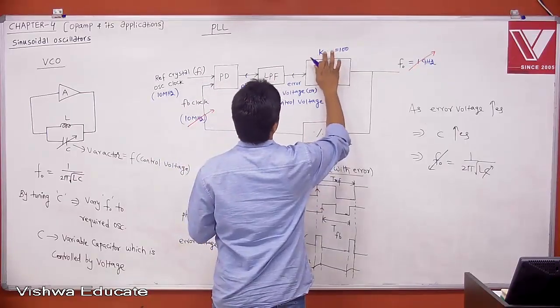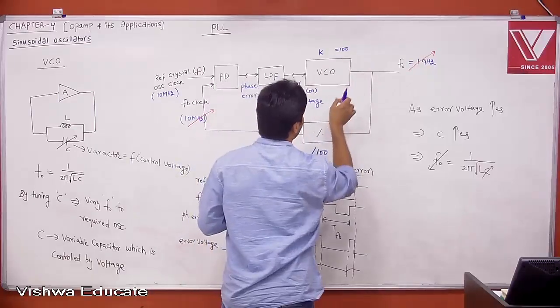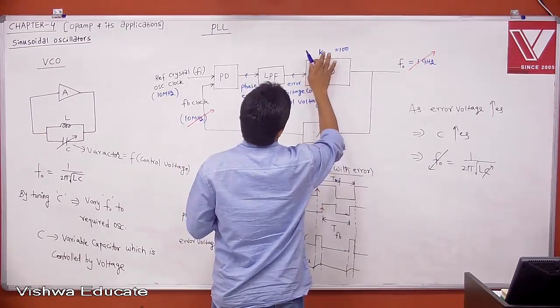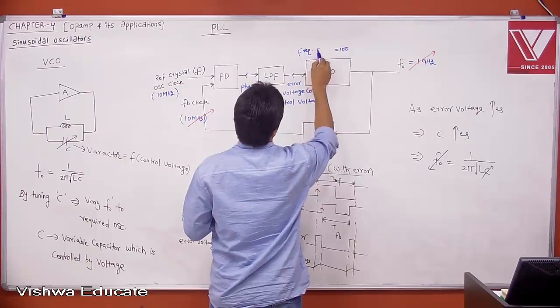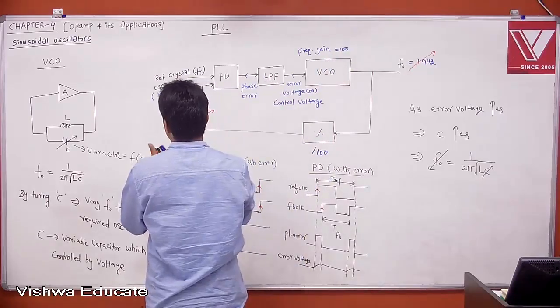It is not KVCO. KVCO is different because that is the relation which gives you error voltage to output frequency. But now this is nothing but the frequency gain, which you can say is for your amplifier.